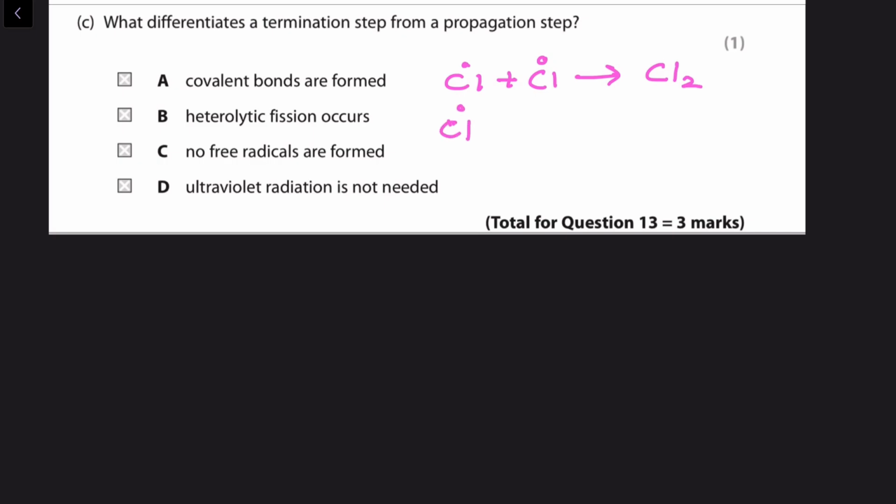A chlorine radical reacts with a CH3 radical to form CH3Cl. A CH3 radical can react with another CH3 radical to form C2H6. Therefore, no free radicals are formed as products in termination steps. So the correct answer is C.